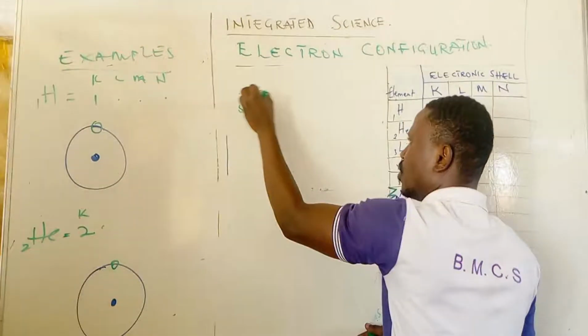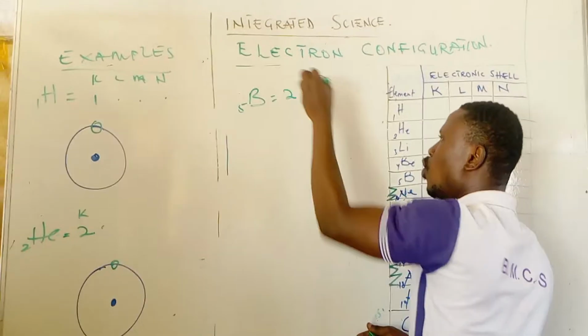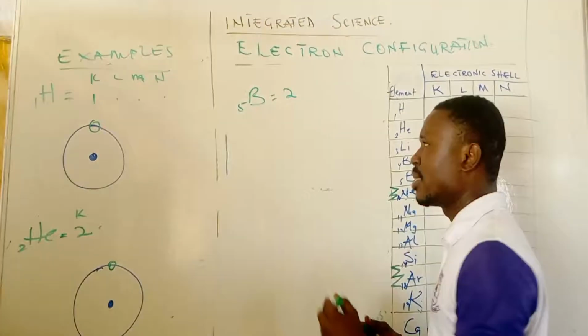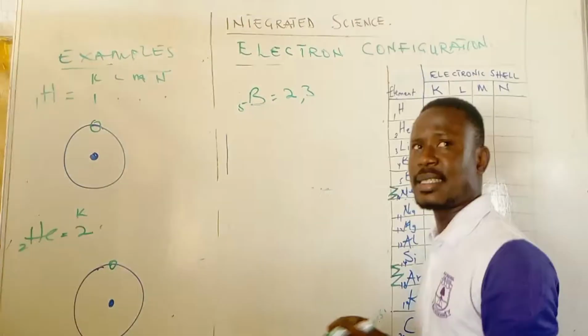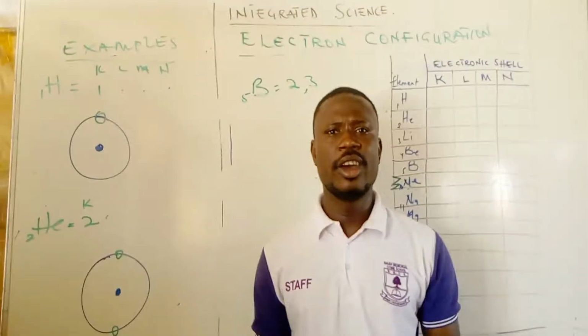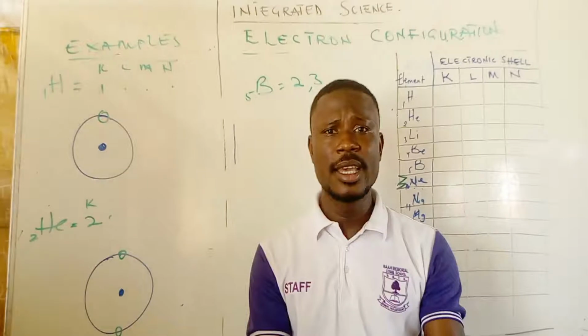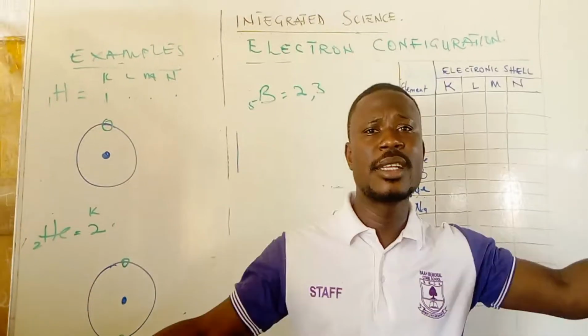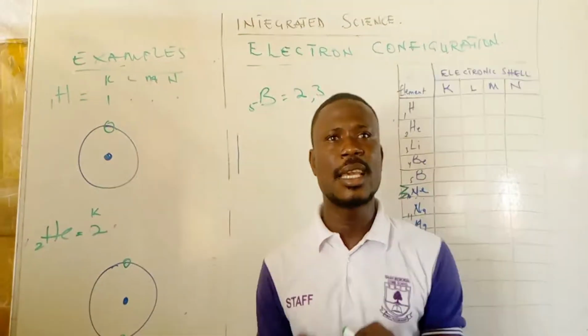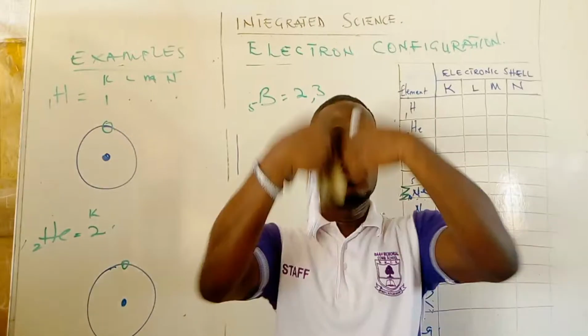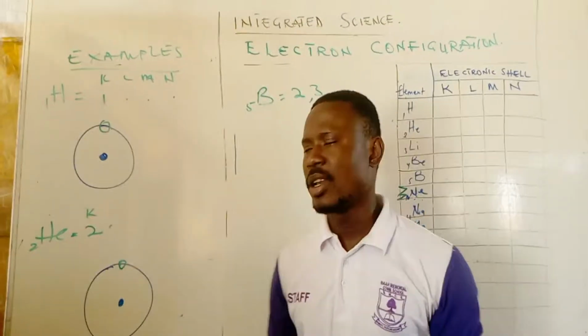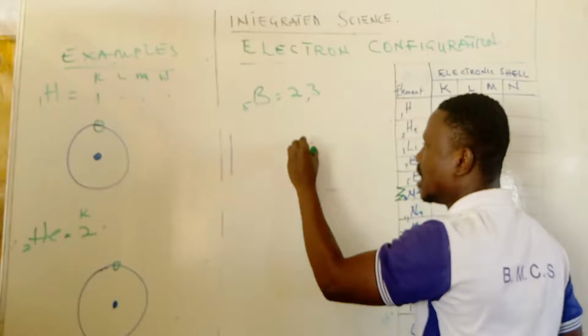So the configuration is 2-3, meaning it will have 2 shells, with the first shell containing 2 electrons and the second shell containing 3 electrons. Always don't forget your central organ, which is the nucleus. So boron has this configuration 2 and 3.